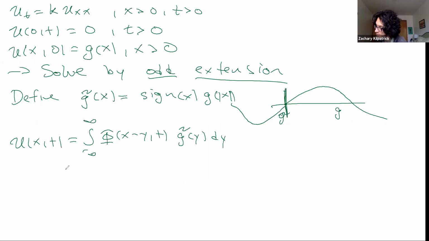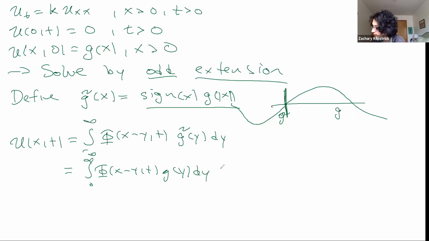If I plug in my definition for g tilde, I get the integral from 0 to infinity of my function that I started with, plus the integral from minus infinity up to 0 of phi of x minus y, t. And now I have a minus g of minus y, because the absolute value of y when y is negative is minus y.